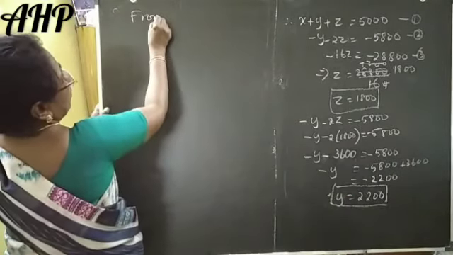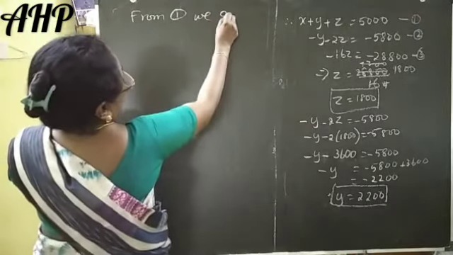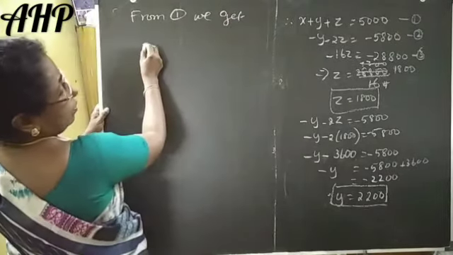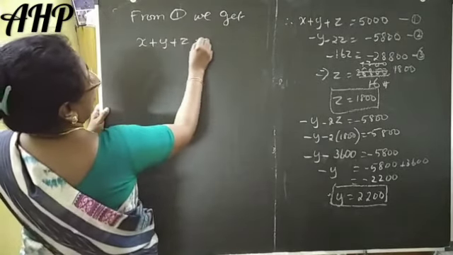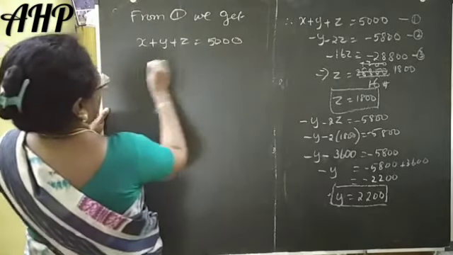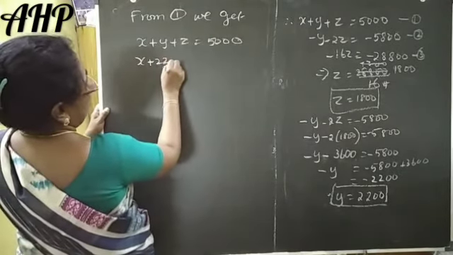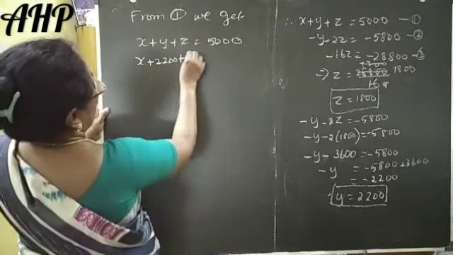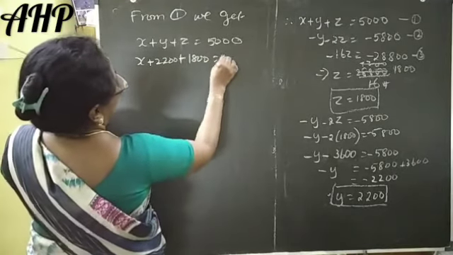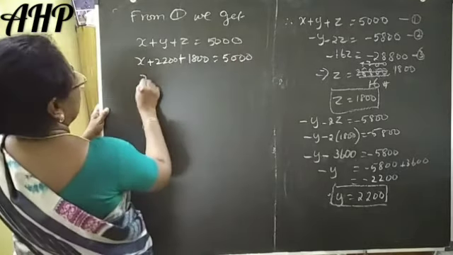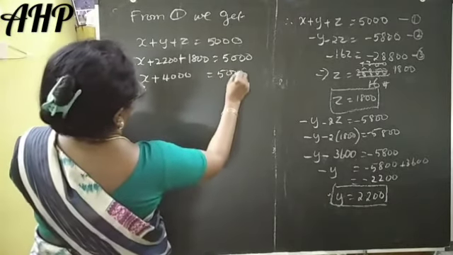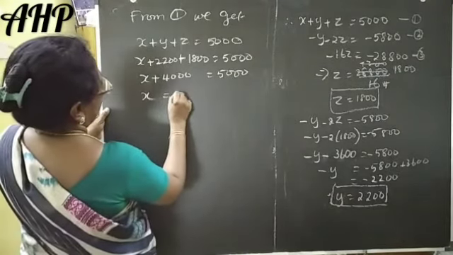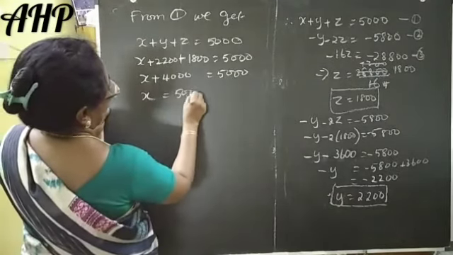So from equation 1, we get x plus y plus z is equal to 5000, x plus 2200 plus 1800 is equal to 5000. So x plus 4000 is equal to 5000. Therefore x is equal to 5000 minus 4000 is equal to 1000.